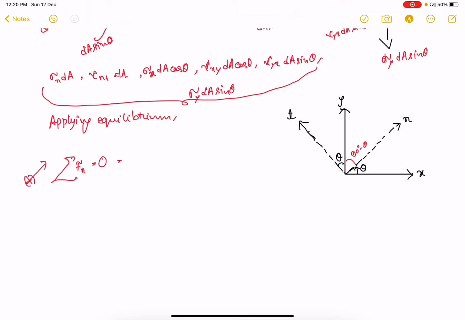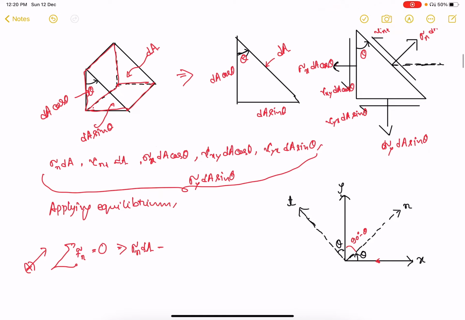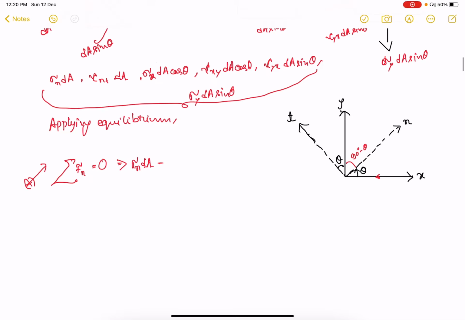What will it give? Sigma n dA minus, and the minus is because sigma x is in this direction. If you see sigma x, it is in this direction, so clearly it is in the negative direction.